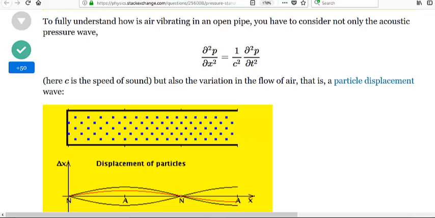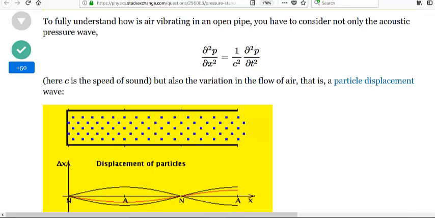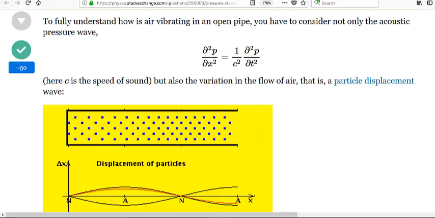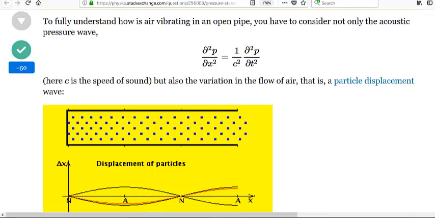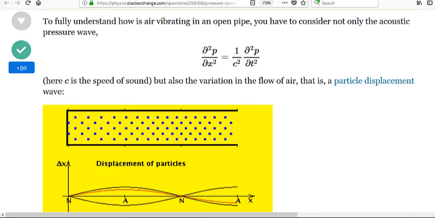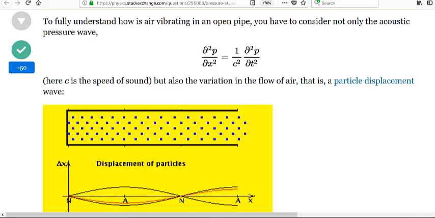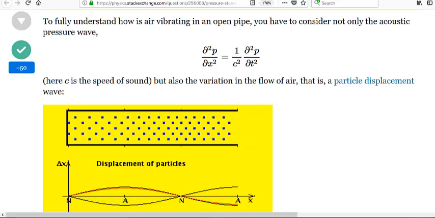Now over here, at the end of the tube, we have a displacement antinode, because these things are moving the most in displacement. But if you look at the distance between the particles as they pass through this plane, they're the same distance apart, and therefore there's no pressure wave associated with it.